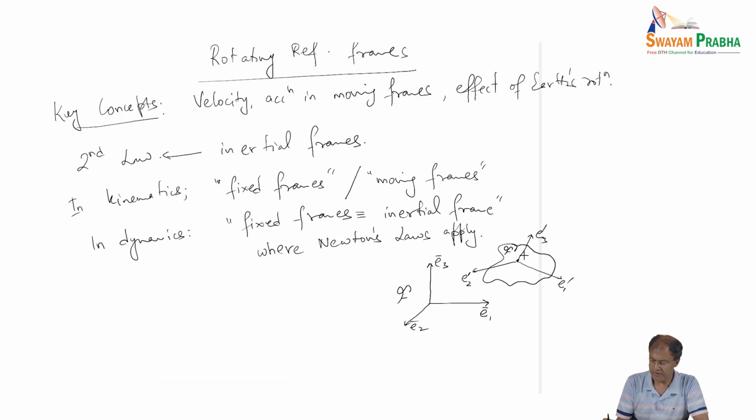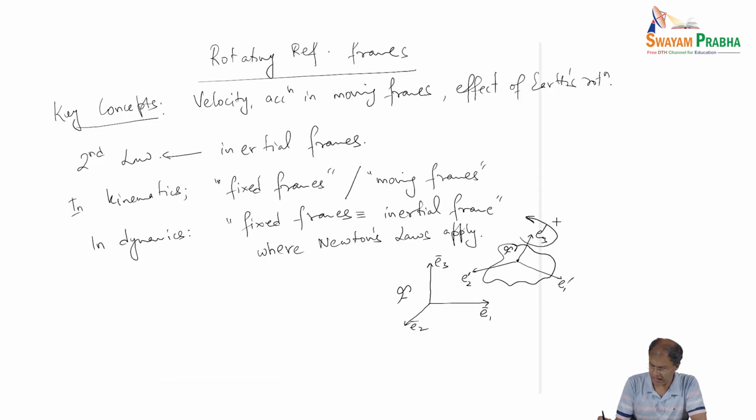So here we are. Now in this body fitted frame, this object will not have any translational velocity, but the object itself, in the body fitted frame, can rotate, right? We are going to look at a special case where the object is only rotating with respect to the fixed frame, which means the body fitted frame itself is rotating and the object is fixed with respect to the body fitted frame.